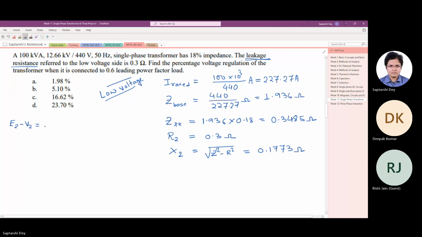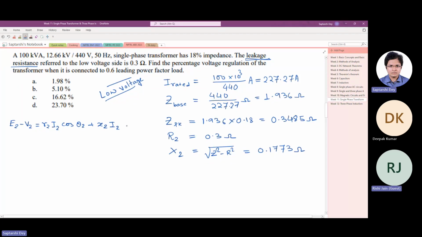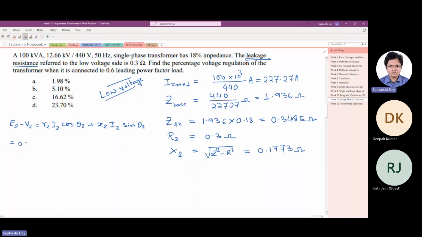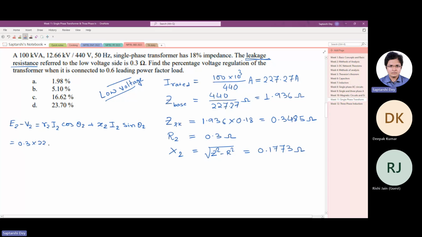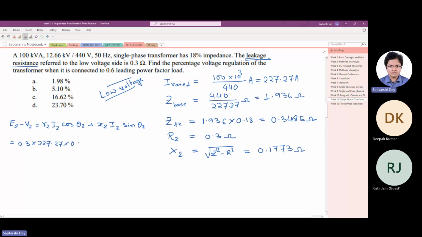Okay. So now if I find out E2 minus V2, which is R2I2 cos theta 2 plus X2I2 sin theta 2. Now if you put values, R2 is 0.3 times I2. We have assumed it to be rated, so we will take the rated value that we have calculated, 227.27 times cos theta, which is 0.6.